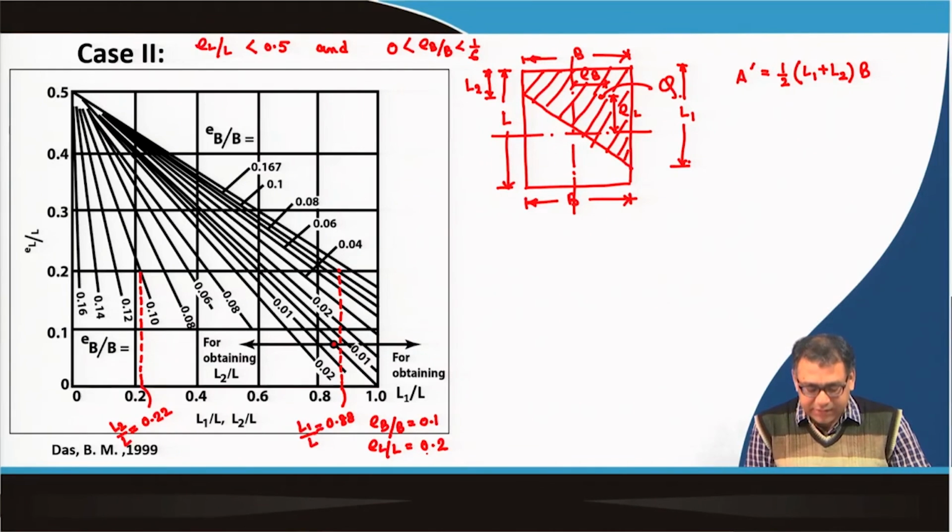Now, once I get L1 by L or L2 by L, then we have to multiply it with L and I will get L1 and L2. Once I get L1 and L2, I will get the A dash value.